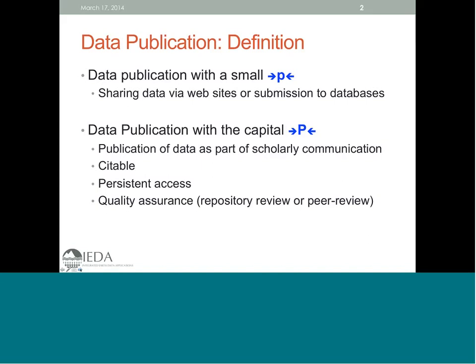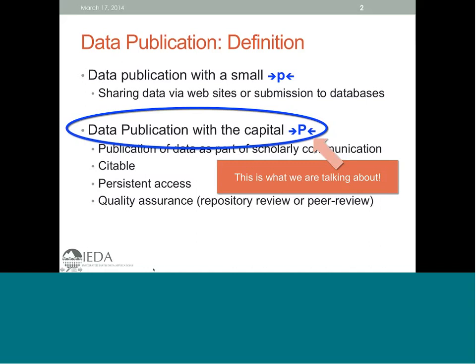It ensures that there is persistent access to the metadata about a data set and the data themselves, and a certain level of quality assurance that makes the metadata fit into existing standards for data citation. Just emphasizing, the capital P is what we're talking about today.